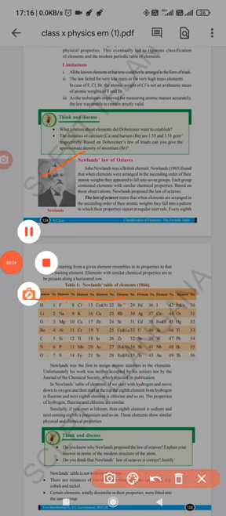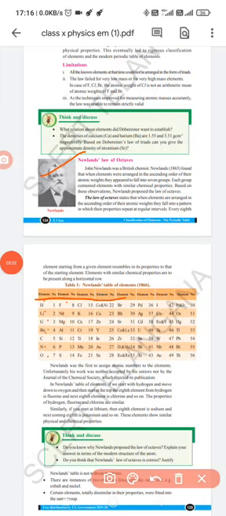Because every eighth element has similar chemical properties. As I said, if we start with hydrogen and count 8, the eighth element will be fluorine. So hydrogen and fluorine, H and F, have similar properties. In the same way, if you start with fluorine and count 8, we will stop at chlorine, that is Cl.